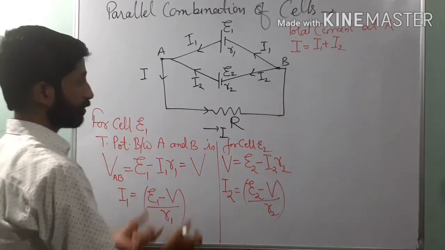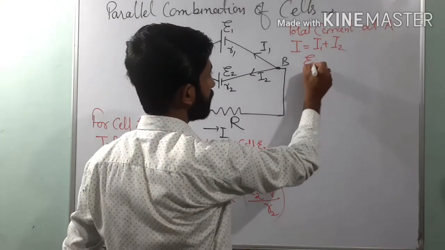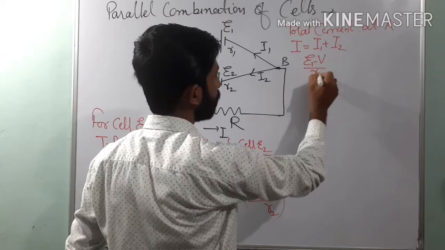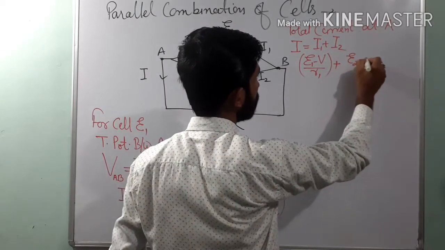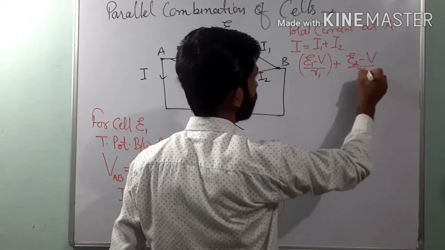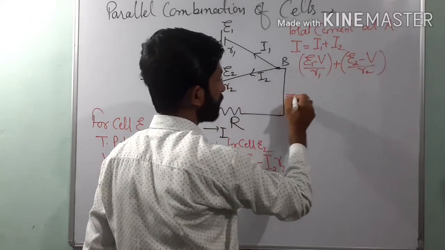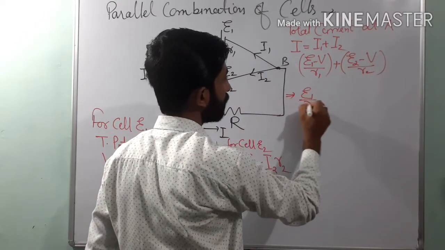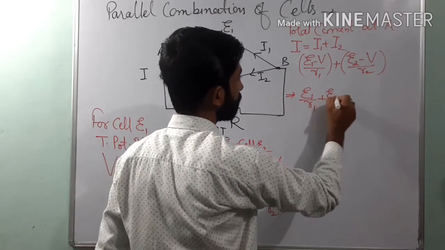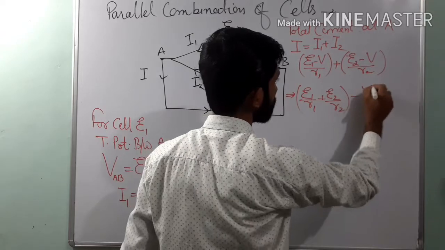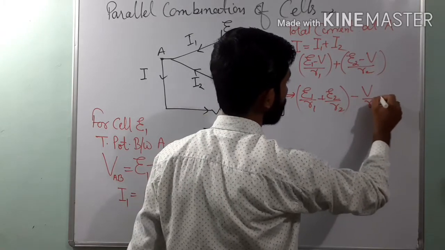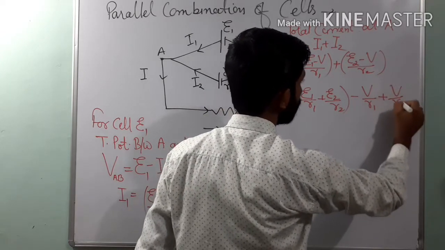Put in the values simply: (E1 minus V) over R1 plus (E2 minus V) over R2, and this gives E1 upon R1 plus E2 upon R2 minus V over R1 minus V over R2.